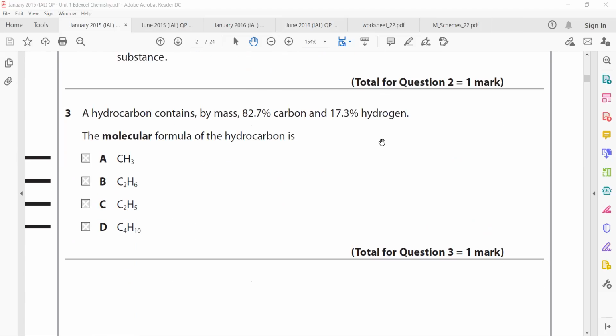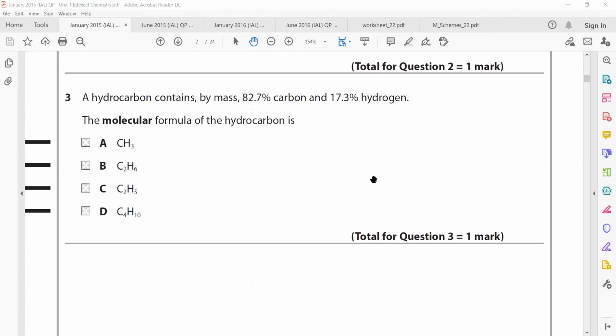Question 3. A hydrocarbon contains by mass 82.7% carbon and 17.3% hydrogen. The molecular formula? But before working out the molecular formula, we should know the empirical formula. And how to get the empirical formula? First, divide by atomic mass, because the molecular formula is a multiple of the empirical formula.